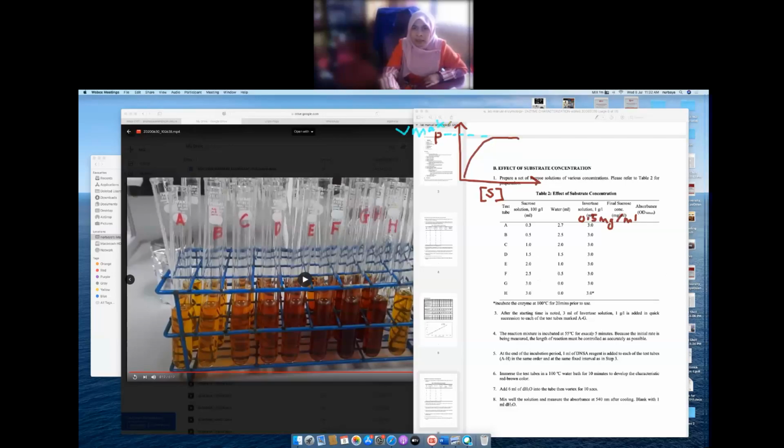We have the maximum velocity at this side because the enzyme becomes the limiting factor. E becomes the limiting factor for this experiment. We do not have enough enzyme to hydrolyze a lot of substrate here.